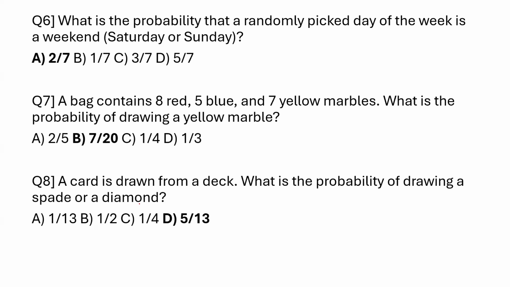A card is drawn from a deck. What is the probability of drawing a spade or a diamond? You already know how many spades are there? 10. How many diamonds are there? 10. So first you have to compute the probability of a spade, right? This you have to compute. Probability of a diamond, that you have to compute.